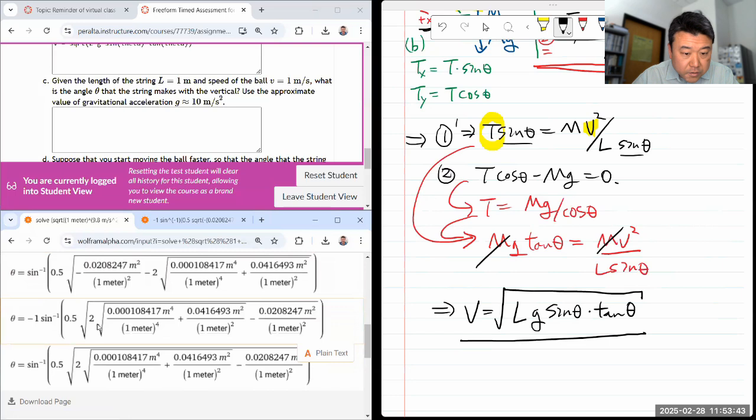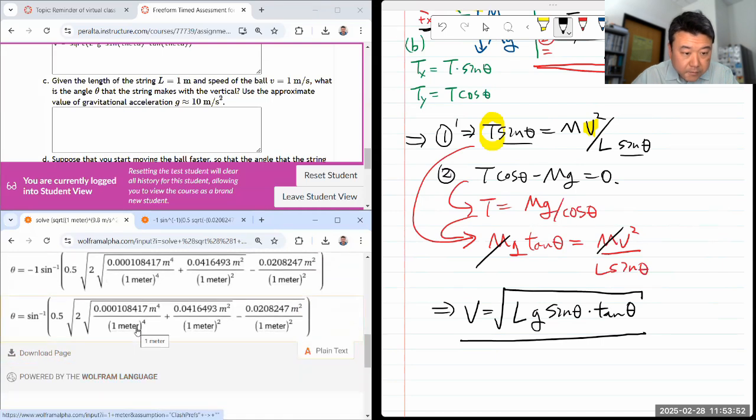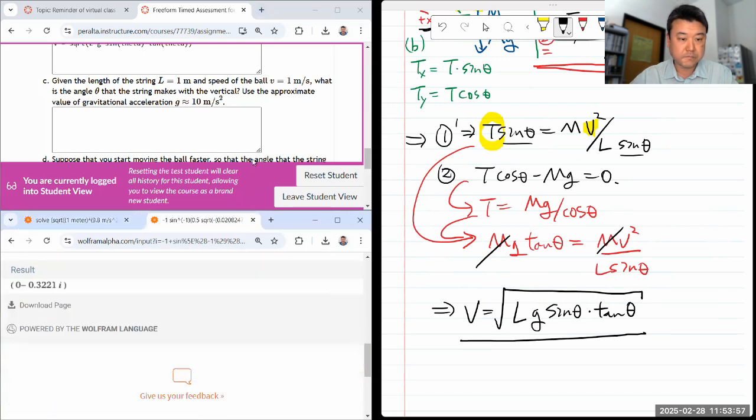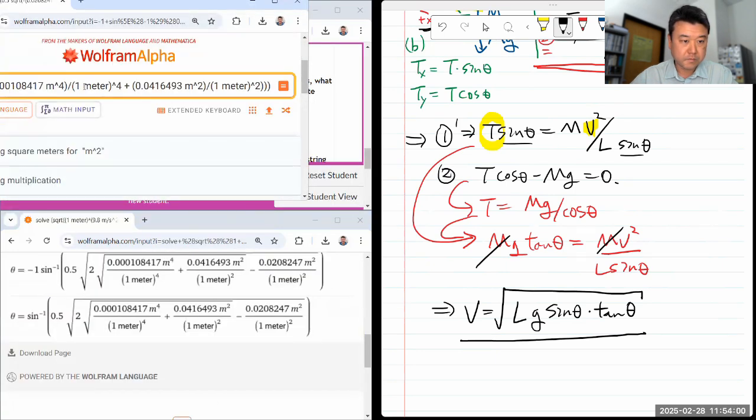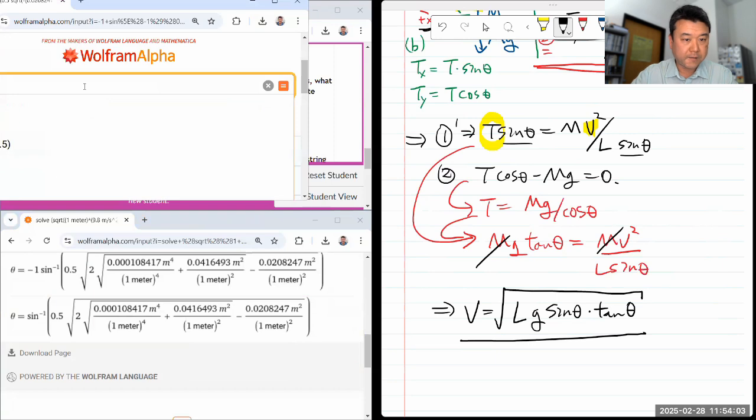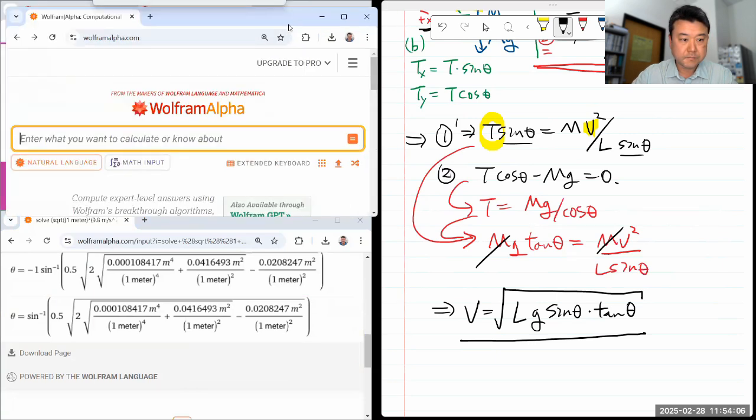So I want the thing under the square root to be positive. I believe this is the thing that I want. So let's do it this way. 0.45 times 0.5 times square root of 2 times square root of 0.000108 divided by 1 plus 0.041643 divided by 1 minus, actually close the square root.